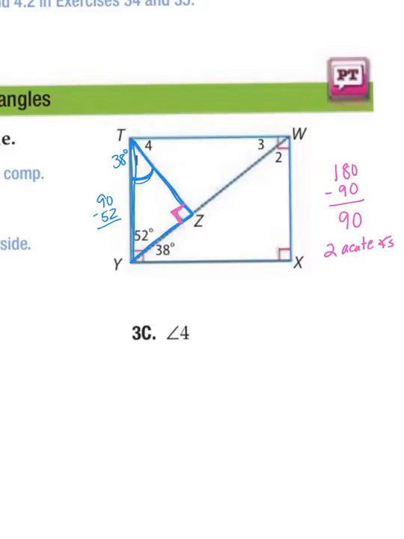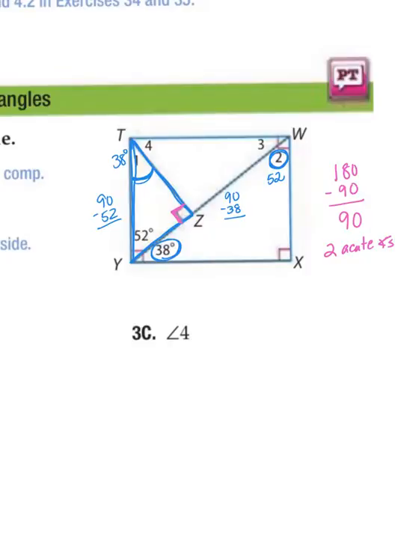When I look at angle 2, do you notice that it is an acute angle in the right triangle WXY? So that means that I need to take 38 degrees from 90, and when I take 38 degrees from 90, I'm going to have 52 degrees left at angle 2.